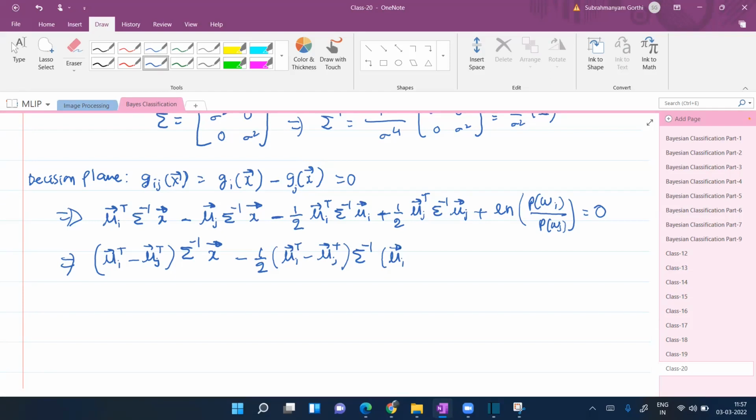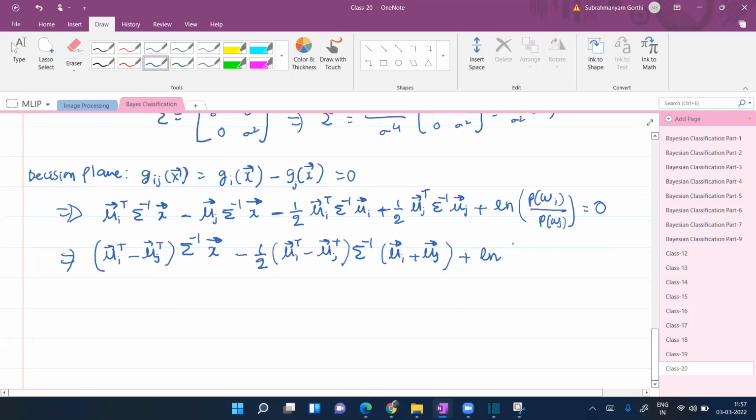Mu I bar plus mu j bar. Again, notice here I am using the same trick that has been used earlier. What is the trick? A square minus b square equal to a plus b into a minus b. That's what I am writing there, for the obvious reason that I would like to take the possible common terms outside, into natural logarithm of probability of omega I by probability of omega j equal to 0.